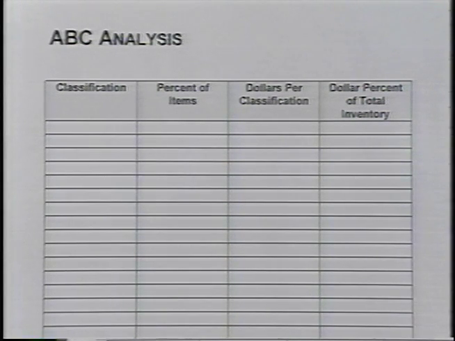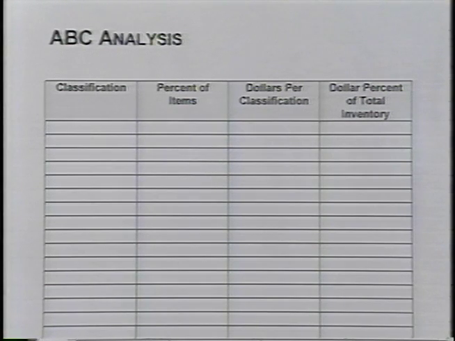And the last one is on page 15, and that pertains to what we call ABC analysis. You're only going to use the top 3 lines in this exhibit. So under the classification, you're going to put ABC, then you're going to put the percentage of items, which is going to be very easy.